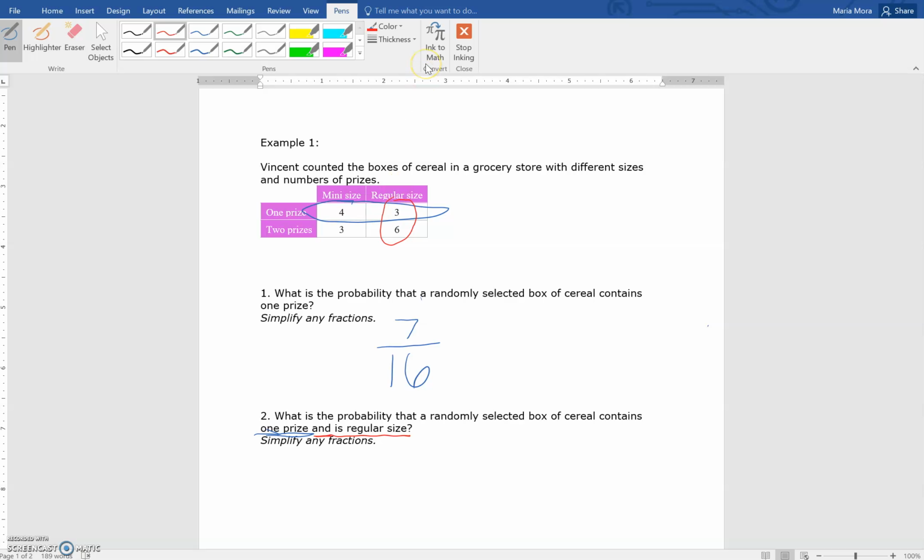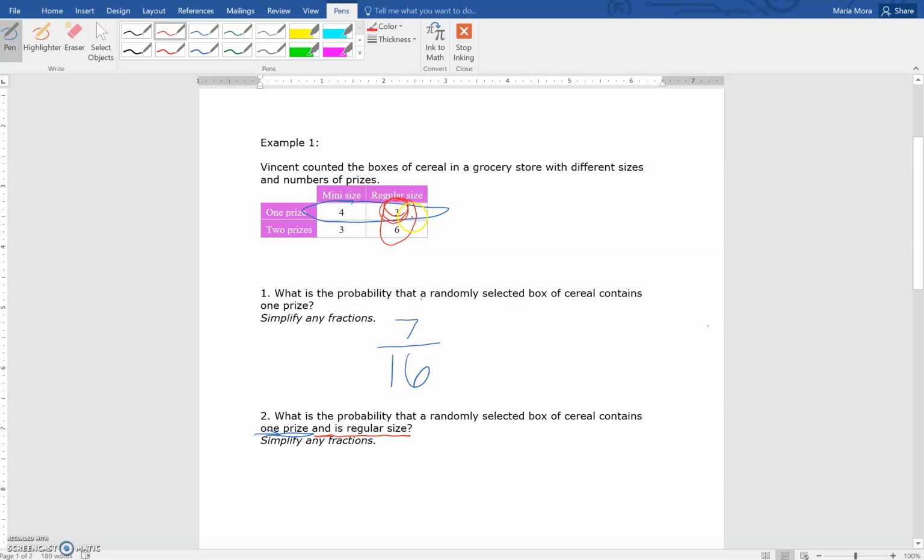So we are not doing 4 plus 3 plus 6 plus 3, because we want to randomly select a cereal that contains both of these requirements. So if you take a look, they both have in common this 3. So the fact that I'm going to choose a box of cereal that contains one prize and is a regular size would be the 3.